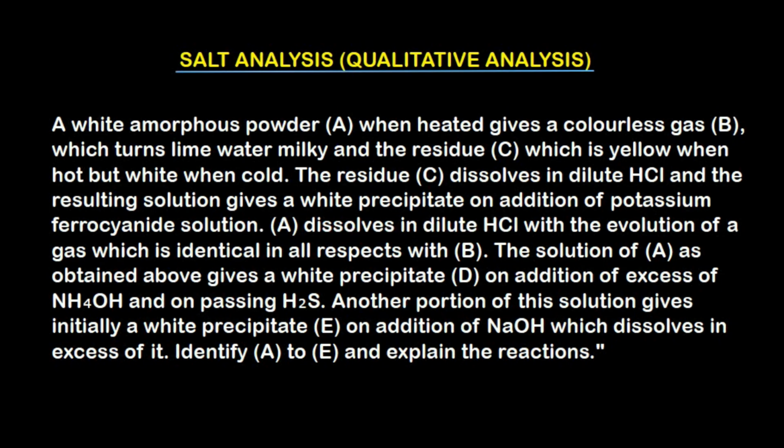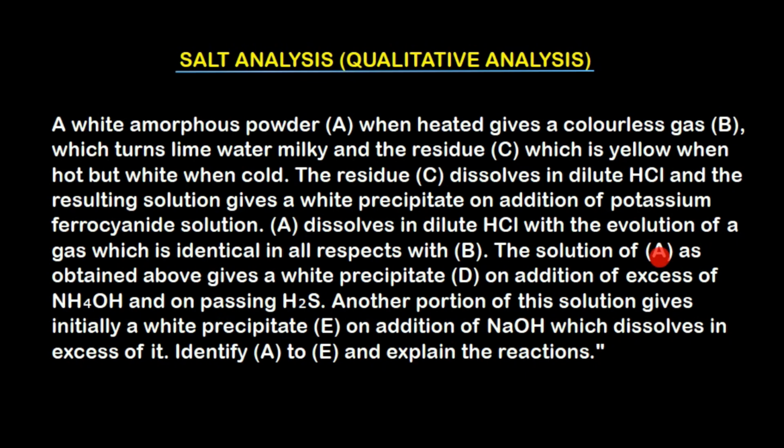So two observations are there for A. First, it undergoes thermal decomposition to give a gas which turns lime water milky. Secondly, when you dissolve this white amorphous powder A in dilute HCl, again it gives a gas which turns lime water milky. So definitely it's a carbonate type of salt.